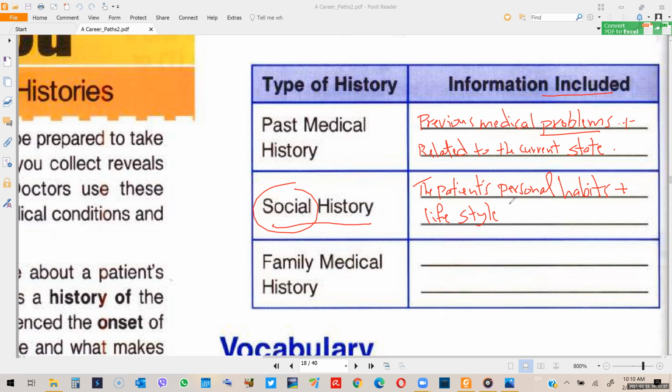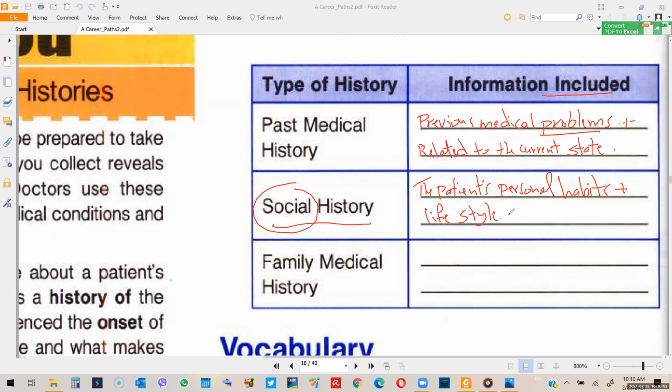What kind of lifestyle? Is his lifestyle stressful? Does he do a difficult job, an easy job? An indoor job like working in an office, or an outdoor job, working in the street or on a farm. What kind of lifestyle is also important to the social history.